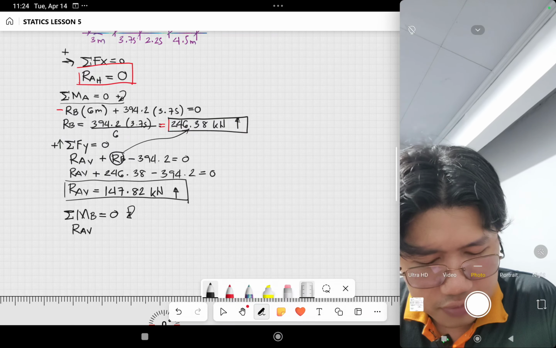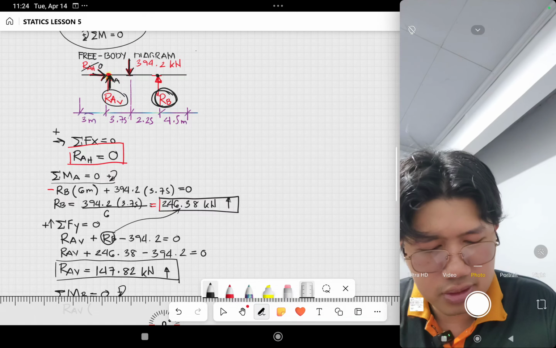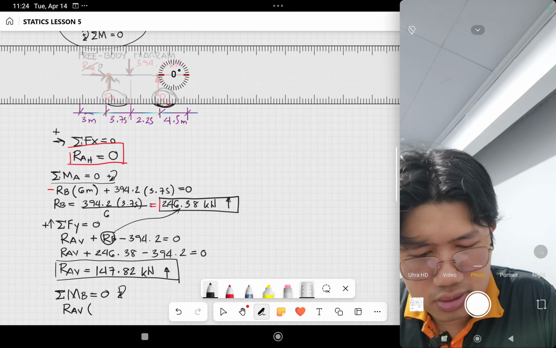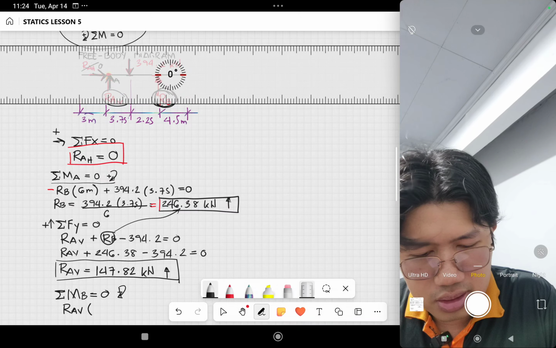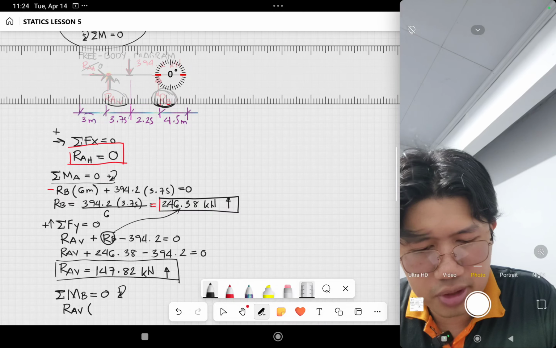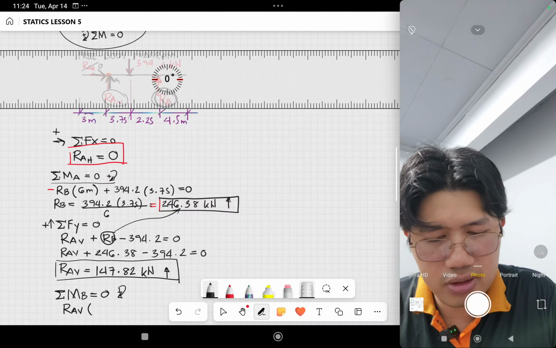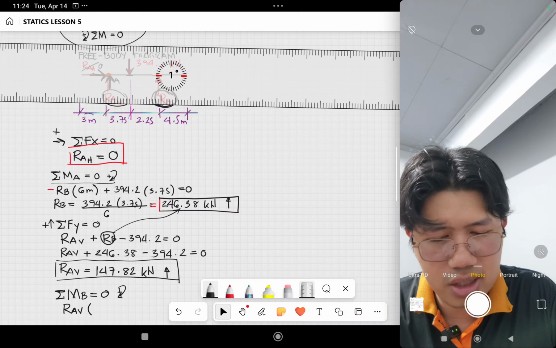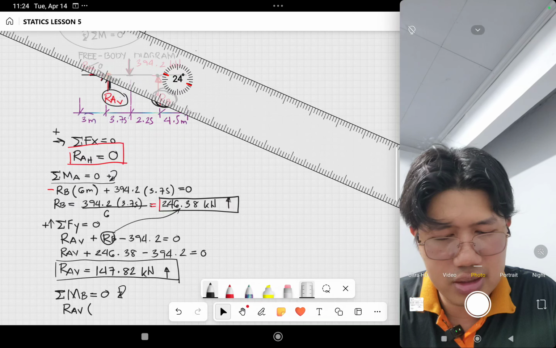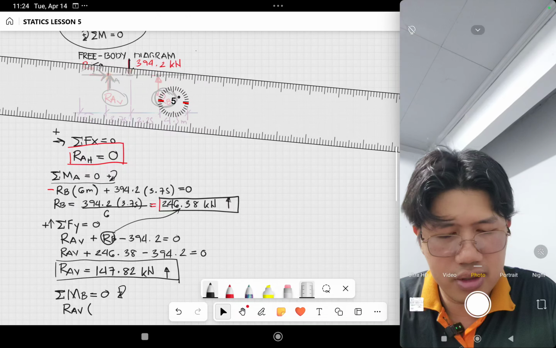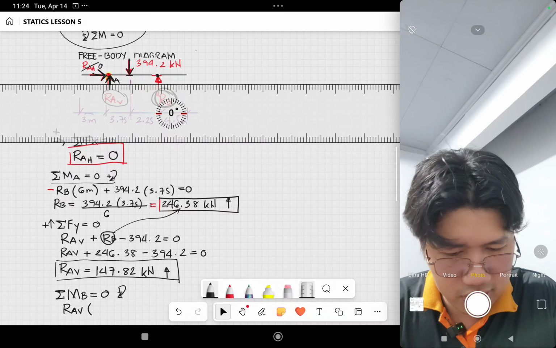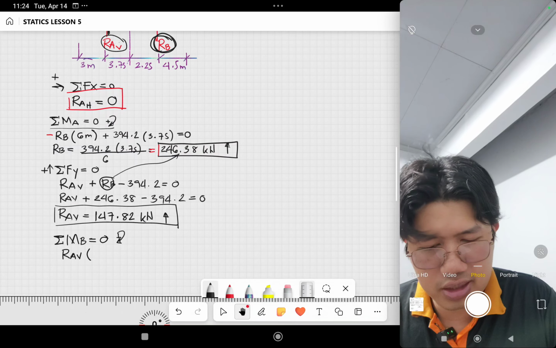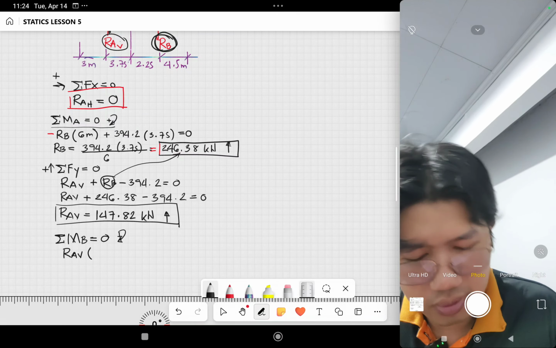So this is RAV. Kung titingnan natin, hawakan ko at this point yung ating ruler at point B. And then rotate natin, or follow natin direction ni A. Kapag finollow natin direction ni A, the beam or the ruler has a tendency to rotate in a clockwise motion.